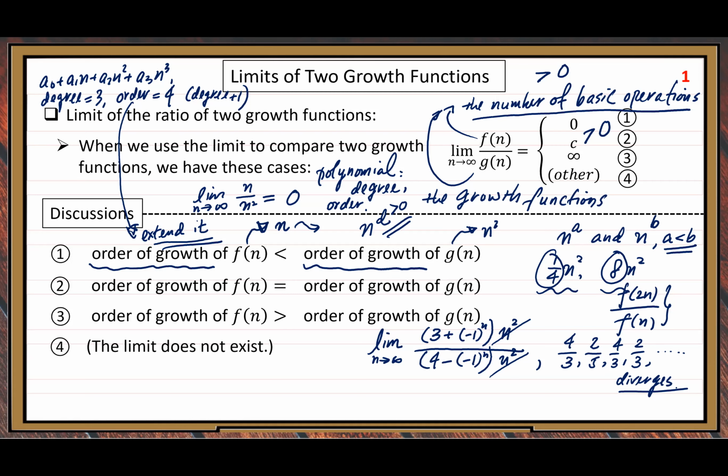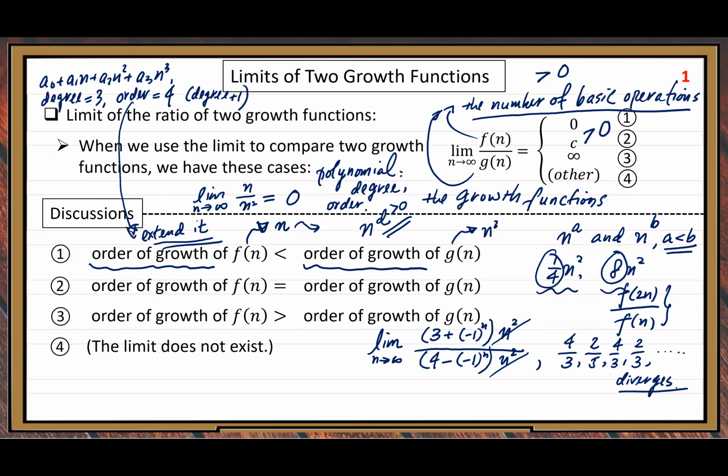What does it tell us? It tells us the limit way does not work for order of growth comparison in this case.